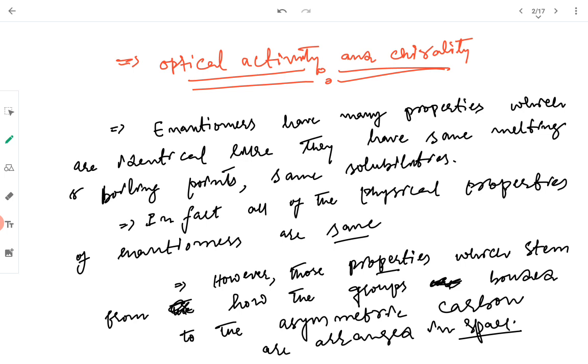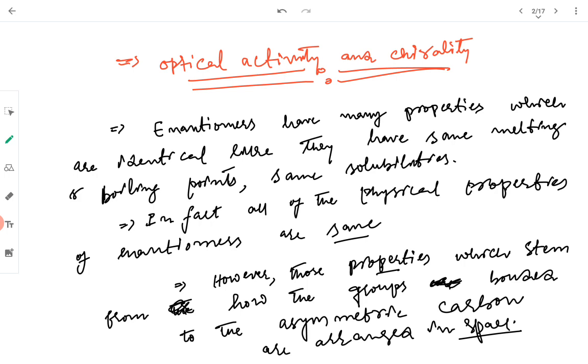These enantiomers have many properties which are identical, like the same melting points, boiling points, and same solubilities. In fact, almost all of the physical properties of enantiomers are the same.